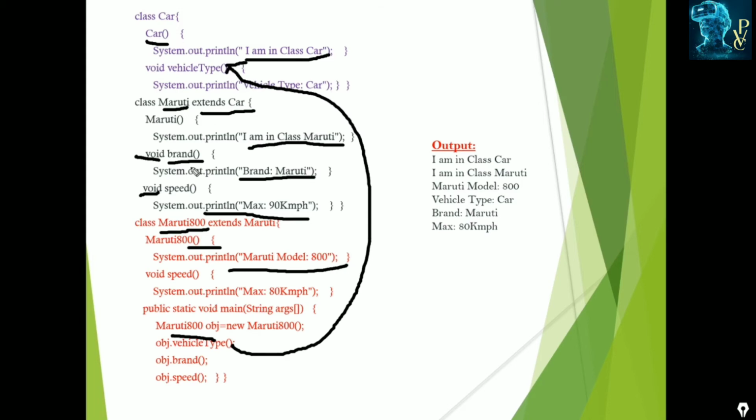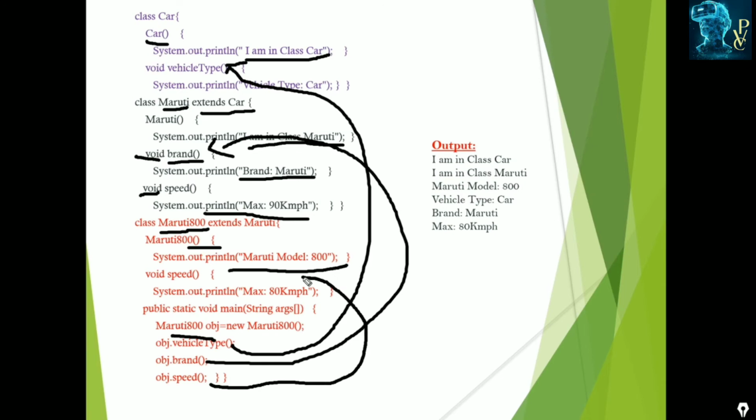Object dot brand belongs to the Maruti class, the intermediate class, and speed belongs to its own class. It displays its speed. So when the object is created, we are just creating the object for Maruti800, and automatically the constructors are initiated.